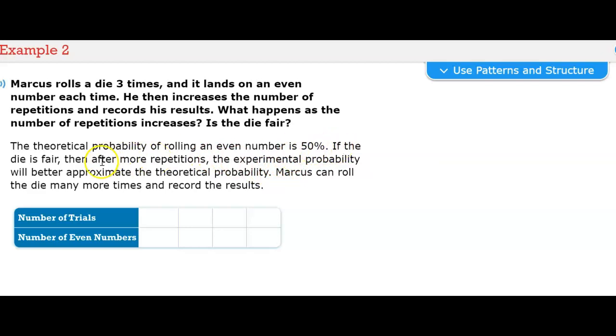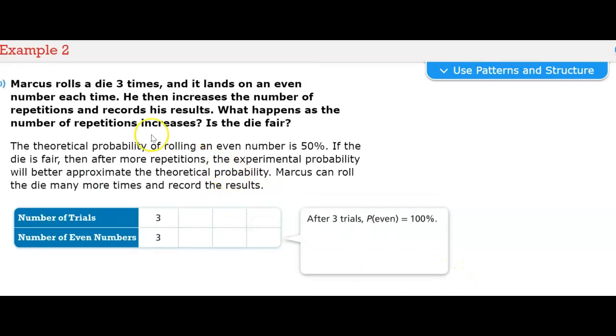If the die is fair, then after more repetitions, the experimental probability will better approximate the theoretical probability, and that means they would be more likely to be the same. Marcus can roll the die many more times and record the results.